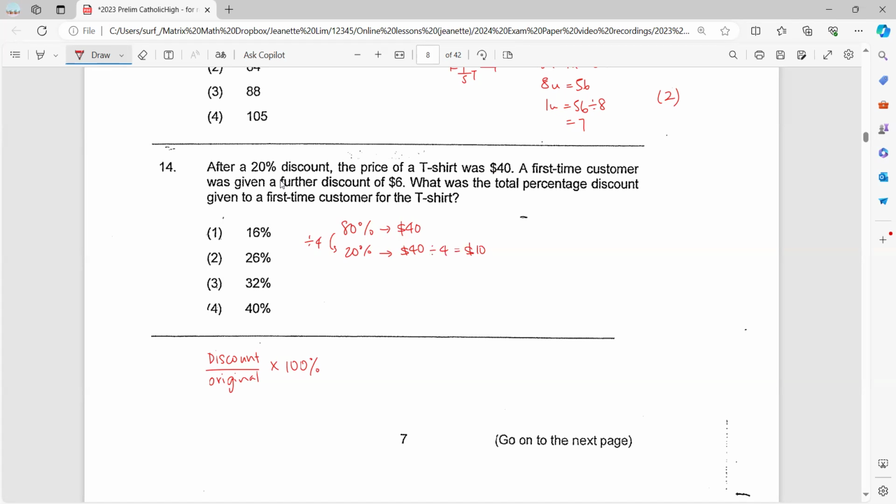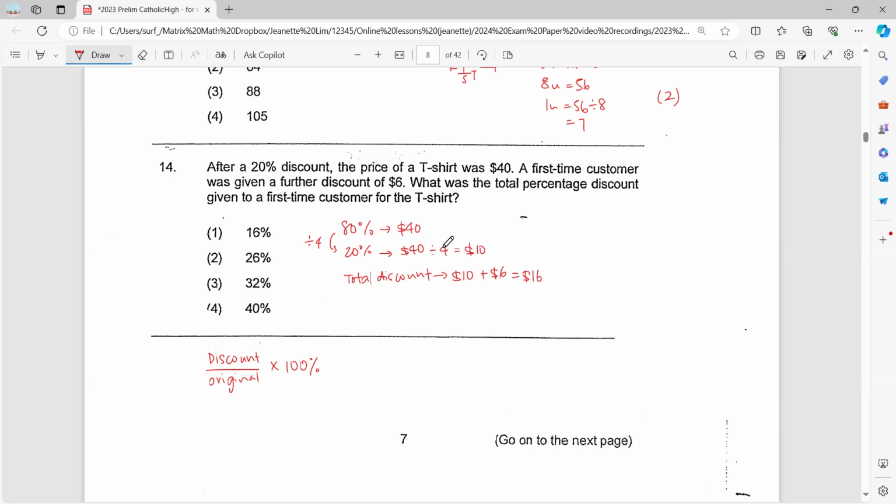Now, that's not the only discount that a first-time customer is getting. So the total discount that a first-time customer can get is not just $10, but 10 plus 6. It's a further discount of $6. Okay, so I've already found the discount, which is $16.